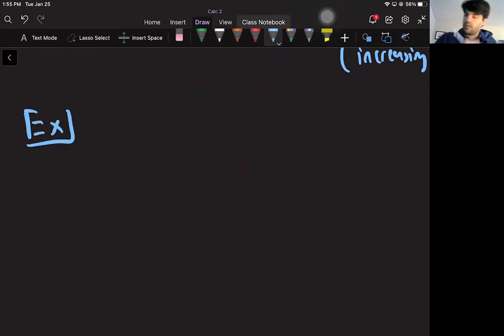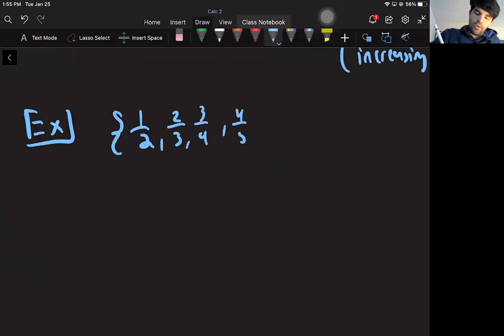Okay, so here is a specific example. So 1/2, 2/3, 3/4, 4/5, 5/6, and so on. That's the pattern. That's my sequence A_n.